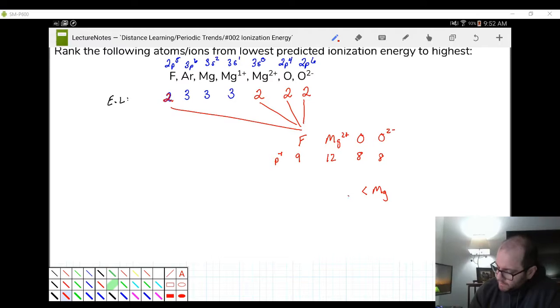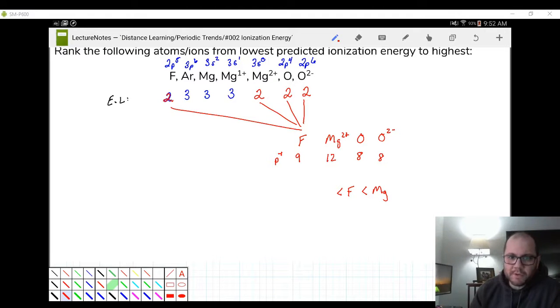Fluorine has the next most protons, so the next strongest attraction. And then after that, it's going to come the 2 oxygens. Now, if we remember what effect adding more electrons has on the attractive force and the repulsive force from the last video, we know that when we add more electrons on, they're going to repel each other more, similar to when we were just talking about the paired electron in the oxygen.